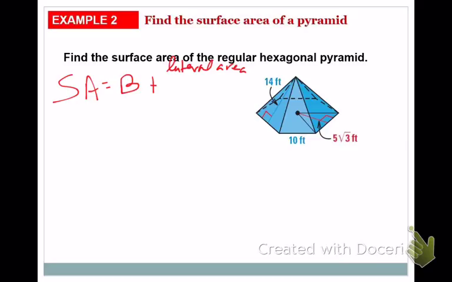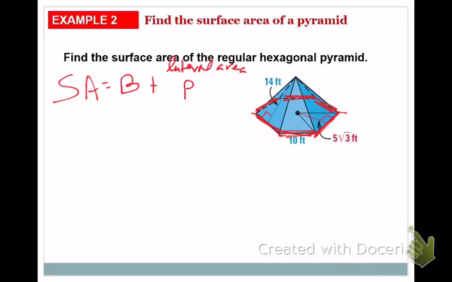Well, think about how we're going to do that. I'm going to find the area of each triangle and add them up, right? So that one, that one, that one. Each of those triangles uses a side of the base to find the area, and then we're going to add all those up. If I add up all the sides of the base, that's the same thing as finding the perimeter.